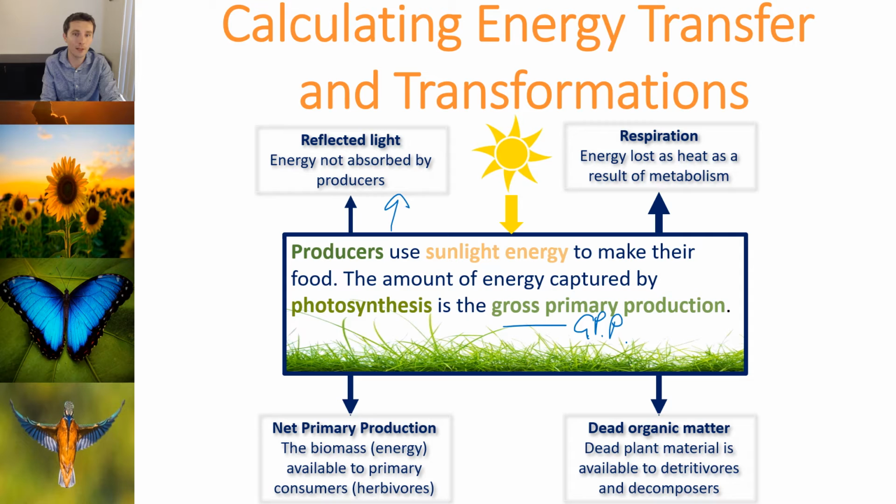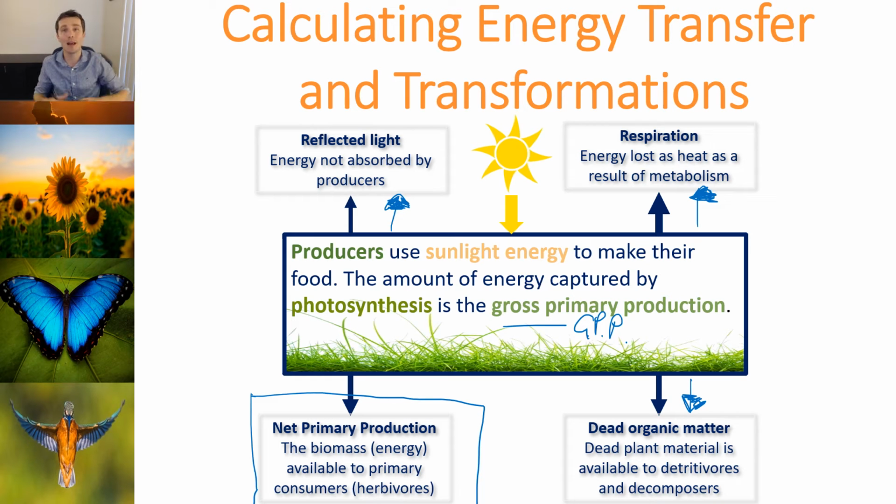Some of it is reflected back and therefore not absorbed by the producers, and some of that energy is lost via metabolic processes, i.e. undergoing cellular respiration, and that energy is lost as heat to the environment. When that plant dies, some of that organic matter is lost as waste. So dead plant material is available to detritivores and decomposers, who once again will undergo cellular respiration and more of that energy is lost. What is actually available to the next trophic level we call the net primary productivity.